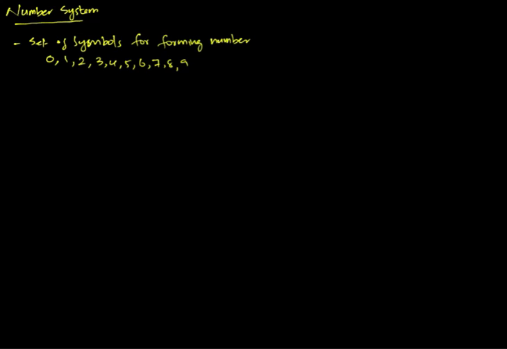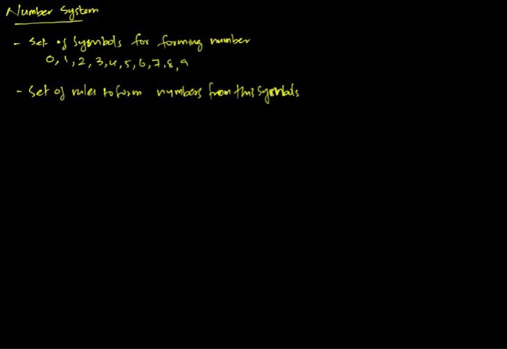Another notion of a number system is that after having a set of symbols for forming numbers, we should have a set of rules which may be used to form numbers from these symbols and assign values to these numbers.